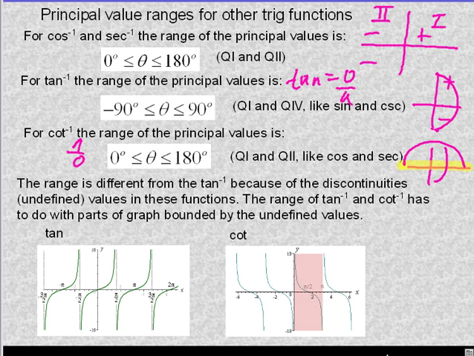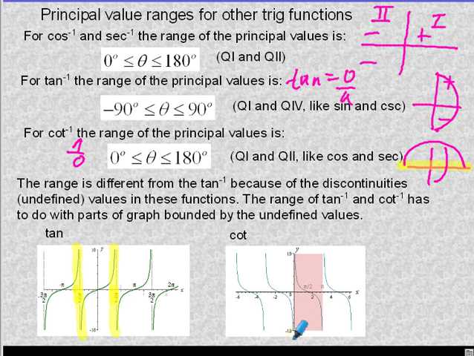If you look at the graph of tangent, here is negative 90, here's positive 90, you have this asymptote, and we talked about those before, where this graph would never cross that line of negative 90 or positive 90. For the cotangent, we have our asymptotes here, it's kind of hard to see.